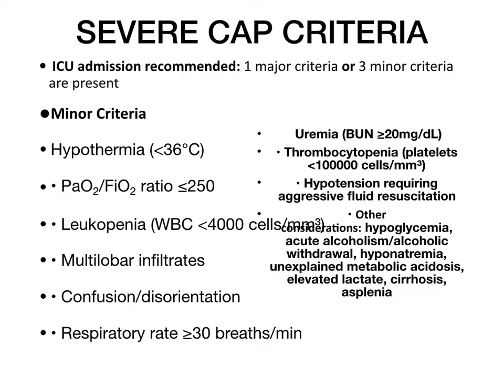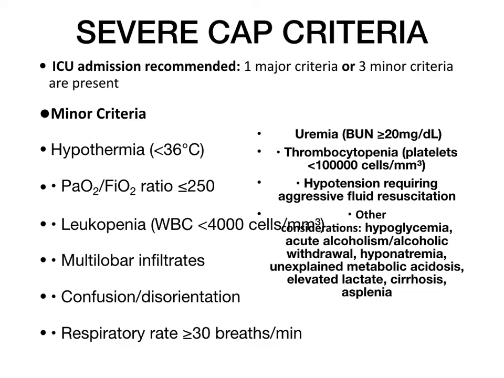hypothermia, PaO2/FiO2 ratio less than 250, leukopenia, multilobar infiltrates, confusion or disorientation, respiratory rate more than 30, blood urea nitrogen more than 20, thrombocytopenia, hypotension requiring aggressive fluid resuscitation, and other considerations like hypoglycemia, alcoholism, hyponatremia, unexplained metabolic acidosis, elevated lactate, cirrhosis, or asplenia.